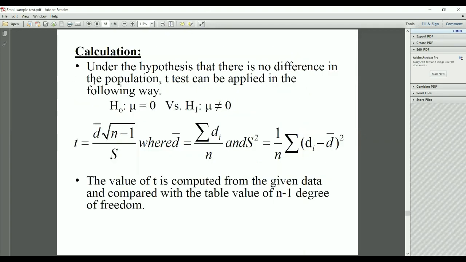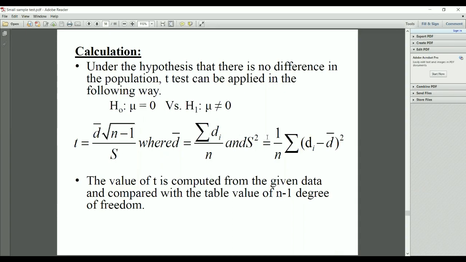This is the formula. Under the hypothesis that there is no difference between the populations, T can be applied in the following way: mu is equal to 0, but there is a difference. We are calculating D bar, that is the difference, and square root of n minus 1.